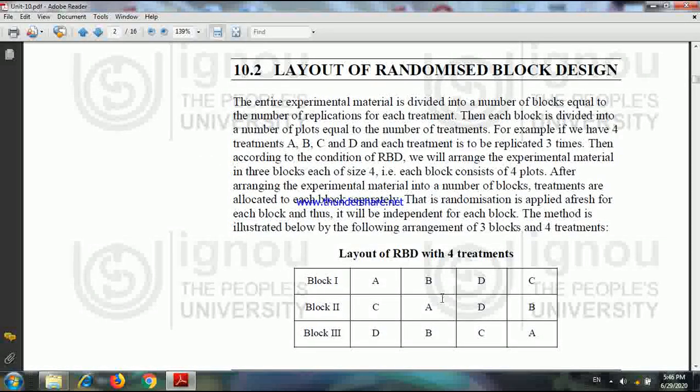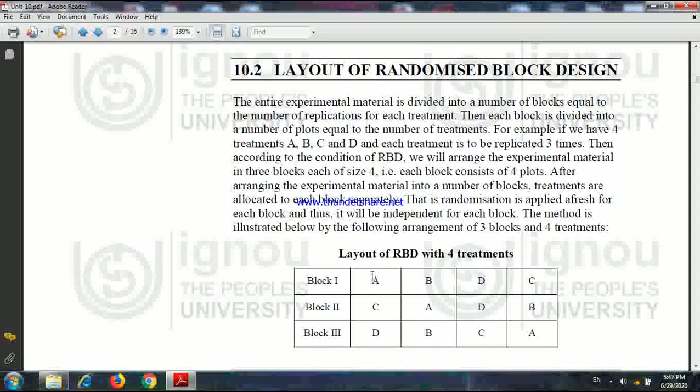Suppose this is a big experimental area, and the fertility gradient is in this direction. So we divide the experimental area into some blocks: 1 block, 2 blocks, 3 blocks. We can divide into as many blocks as we can.